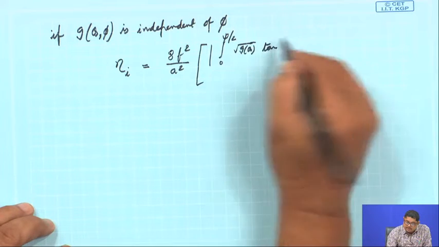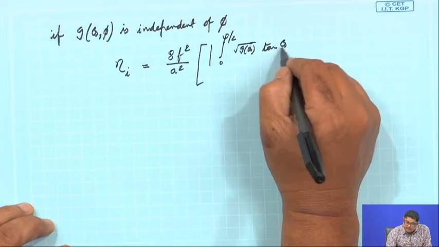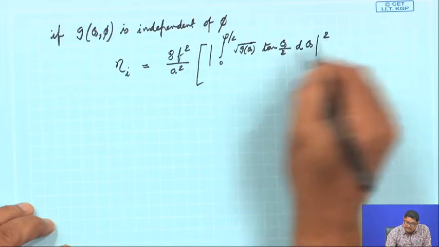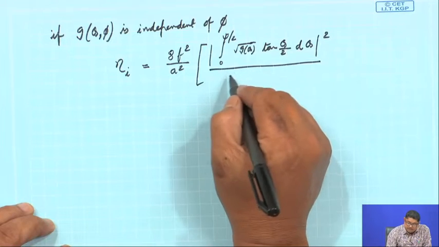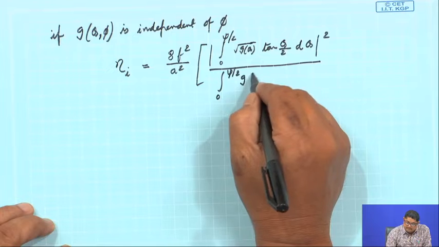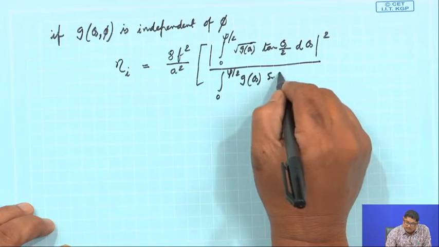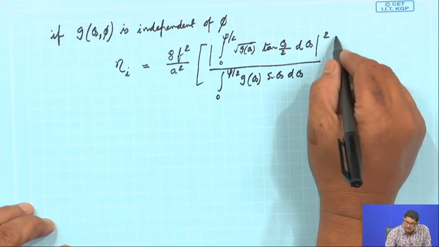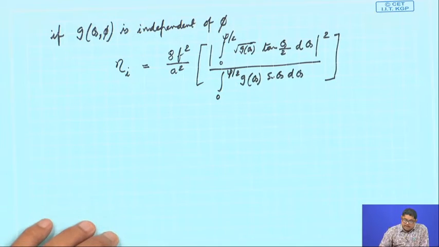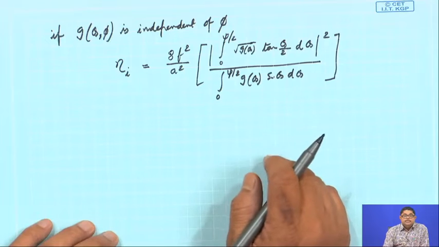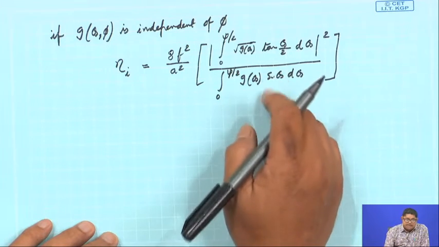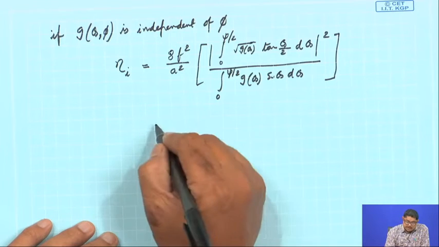Now g theta phi becomes g theta only. And these, when we found the f by d ratio, this expression can be related to the f by d ratio.